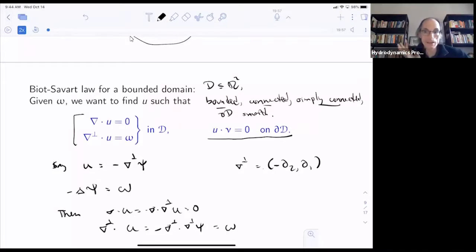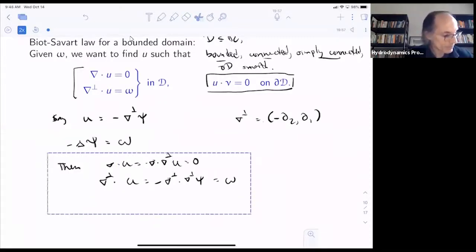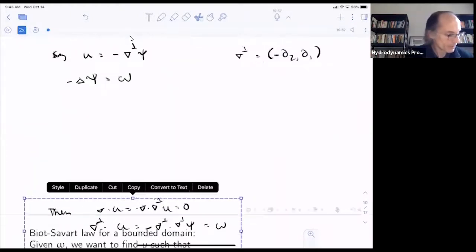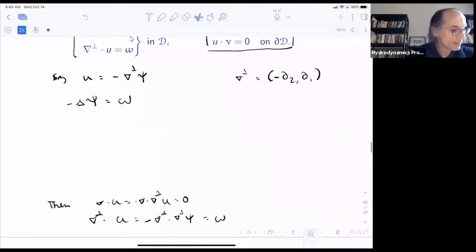But in order to get the boundary condition to hold, I also need boundary conditions for psi.